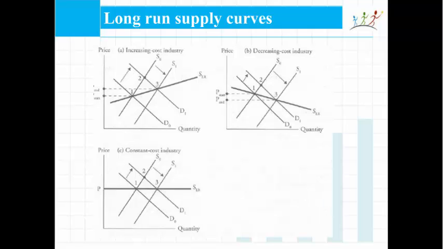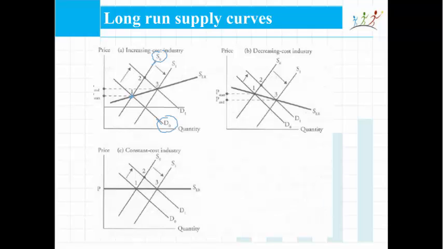So only look at the graph S0 and D0. This is the graph S0 and this is the graph D0.